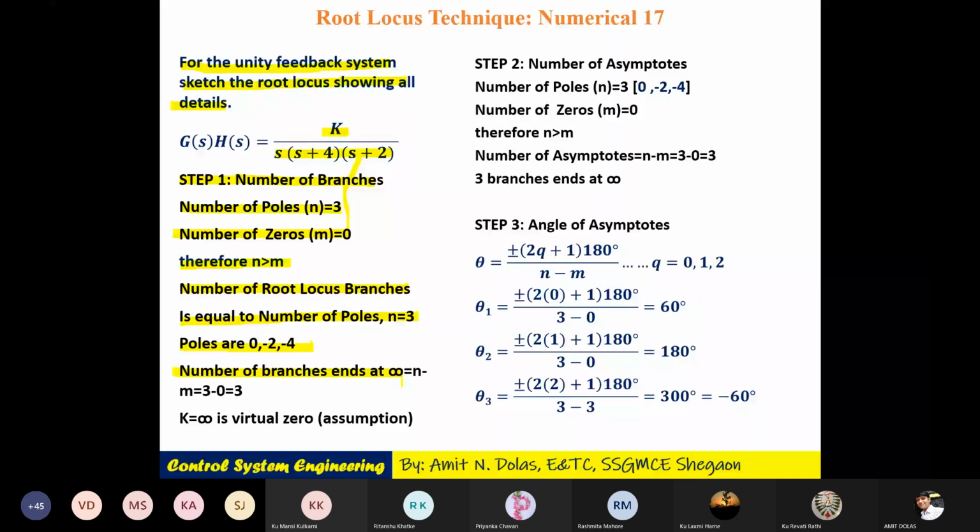After differentiation, we get 3s square plus 12s plus 8 is equal to 0. And of course, if you calculate, देखो ये आपको calculations कैसे करने हैं by the conventional method, or you may use a root table for getting these roots. Whatever way you want to adopt, please go through that.